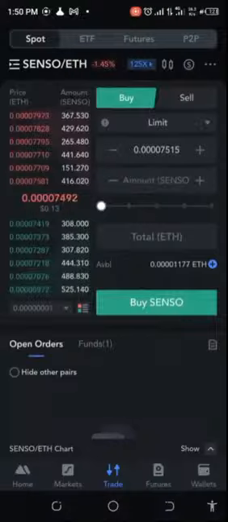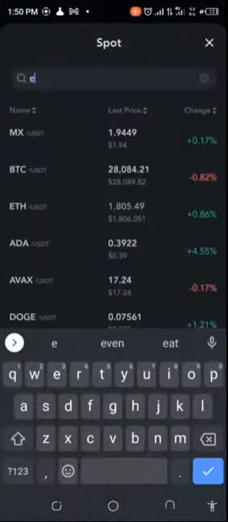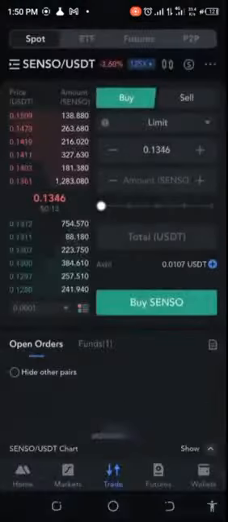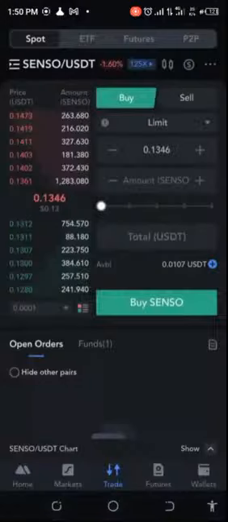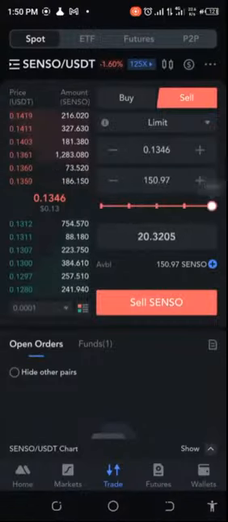Okay, so I'm back and it has already bought the Senso ETH, but I'm seeing something here. Senso USDT is looking like it's really going low. If we have to sell, don't forget we started out with 20.32. It's looking like it's gonna give us back our money.